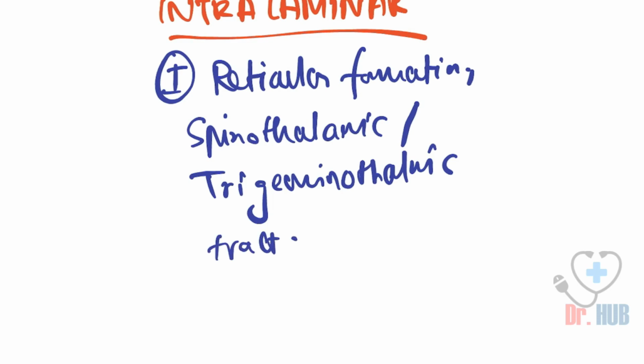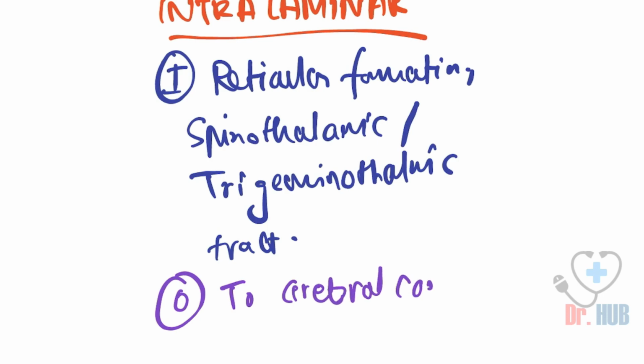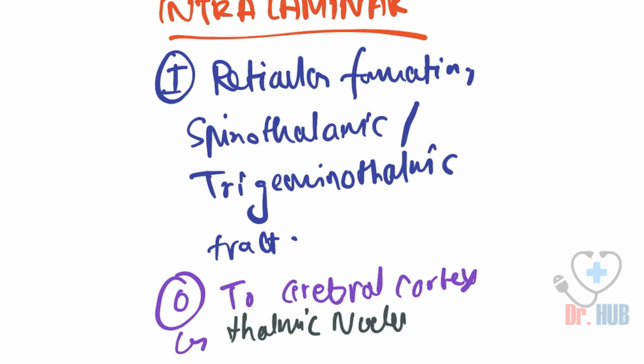Now we'll focus on the output. The output of the intralaminar is to the cerebral cortex, through the thalamic nuclei and the corpus striatum.